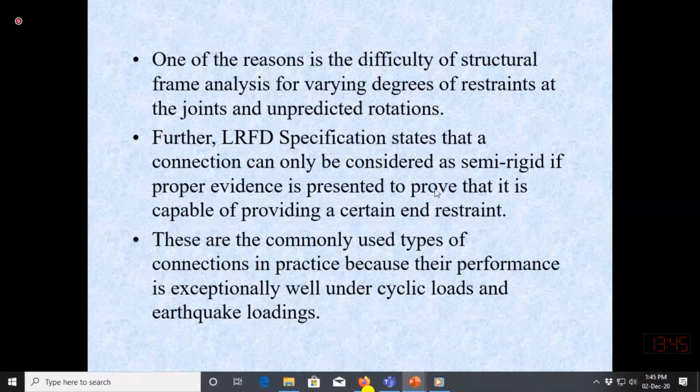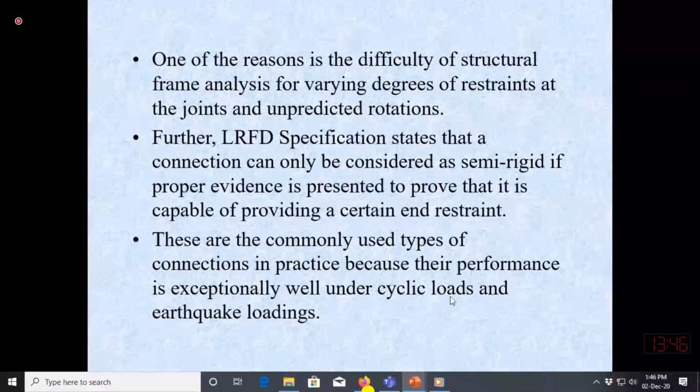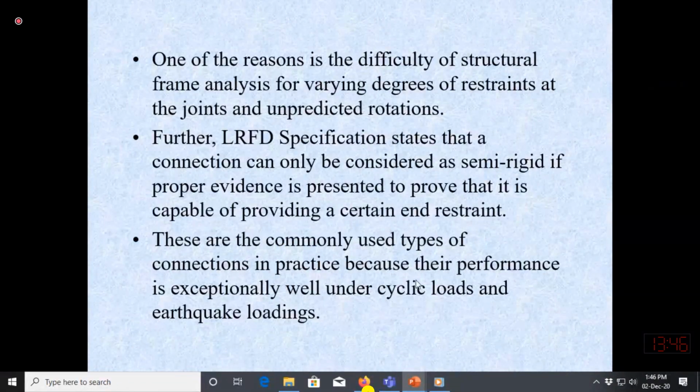So if you have not performed the detailed calculation of how much moment is transferred, then you will consider this connection as simply supported. And these are commonly used types of connection in practice because their performance is exceptionally well under cyclic load and earthquake.